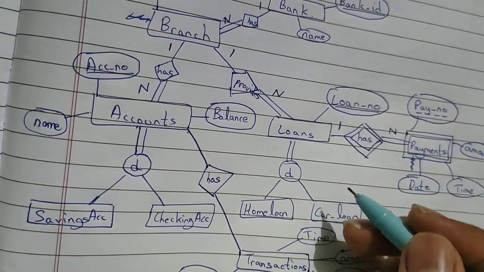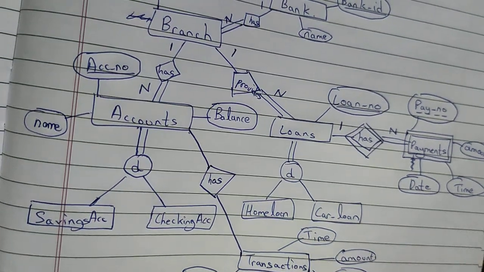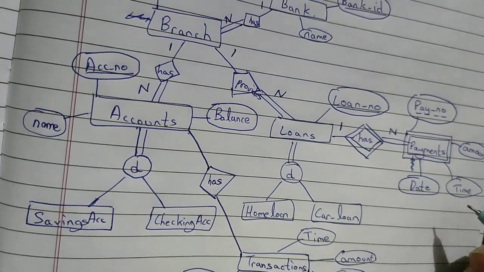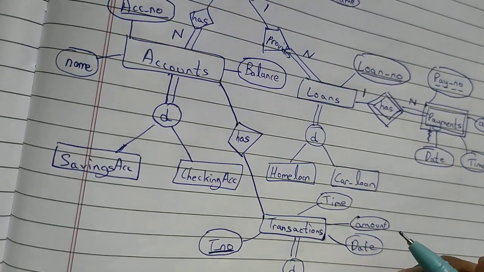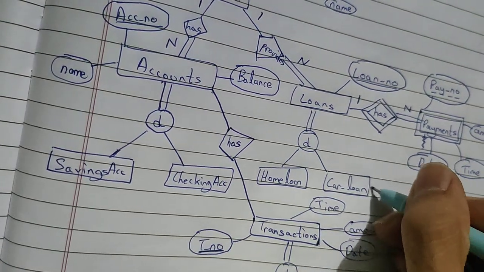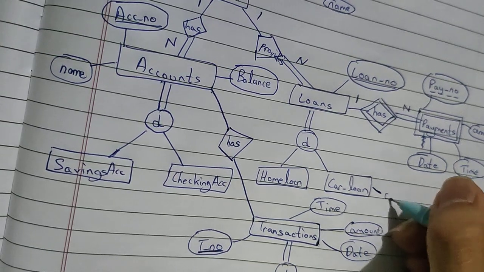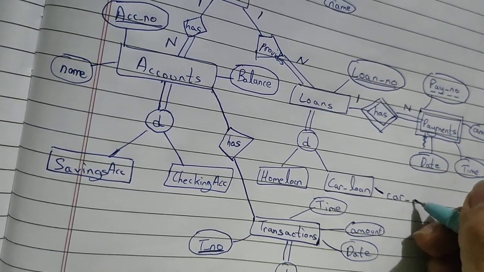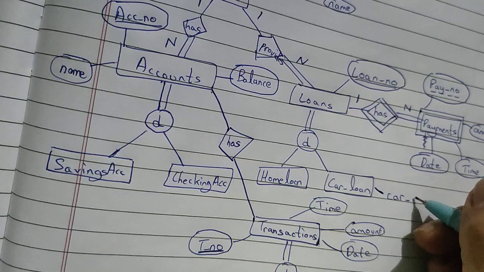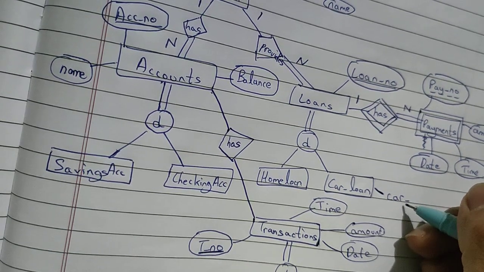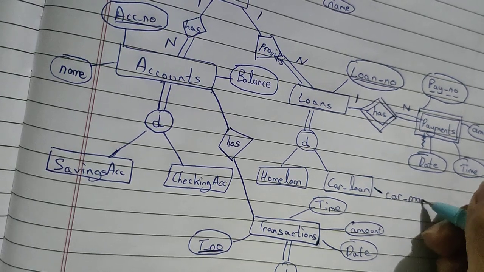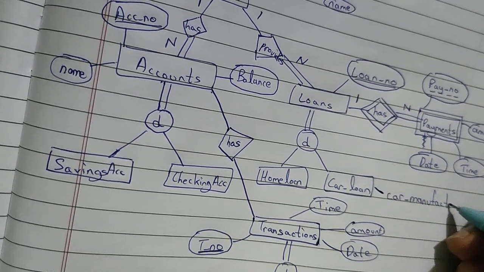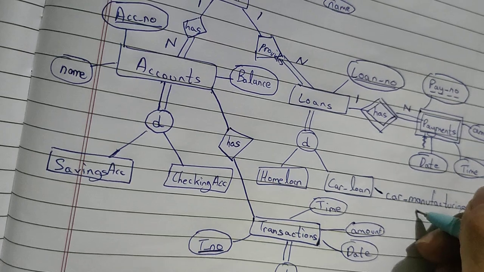Then loans, okay? Here we have home loan and car loan, payments and stuff. Yeah, pretty good. If you want, you can even add attributes over here, okay? Like we have car loan, no? So we can add, for example, the car's manufacturing number.